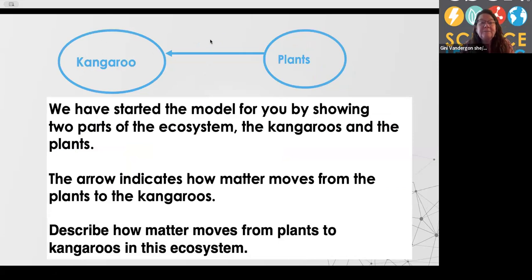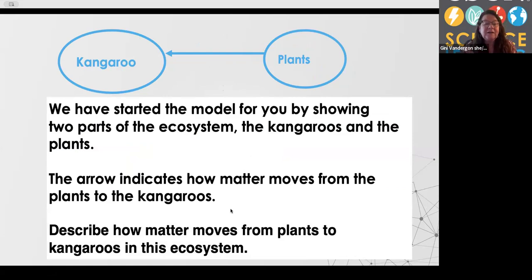So this is one of the assessments that uses modeling. And I know in session 3, you did another type of modeling with the lunchbox if you were part of that series. And what you see here is that they start them with this model showing two parts of the ecosystem, so the kangaroos and the plants.